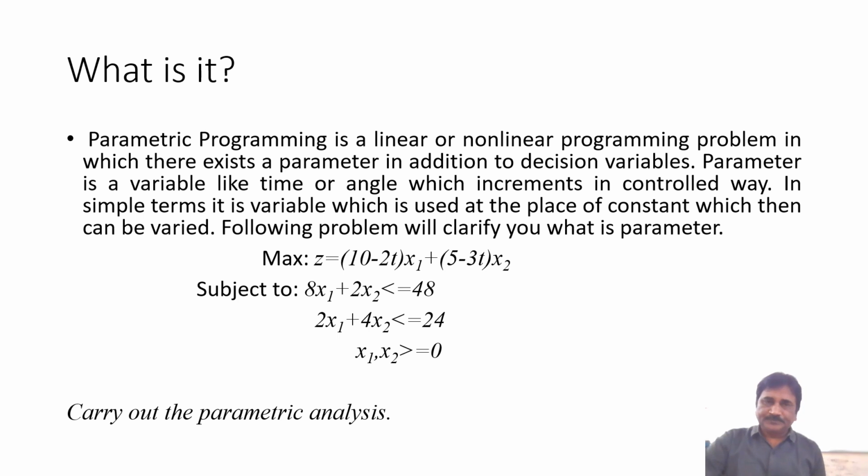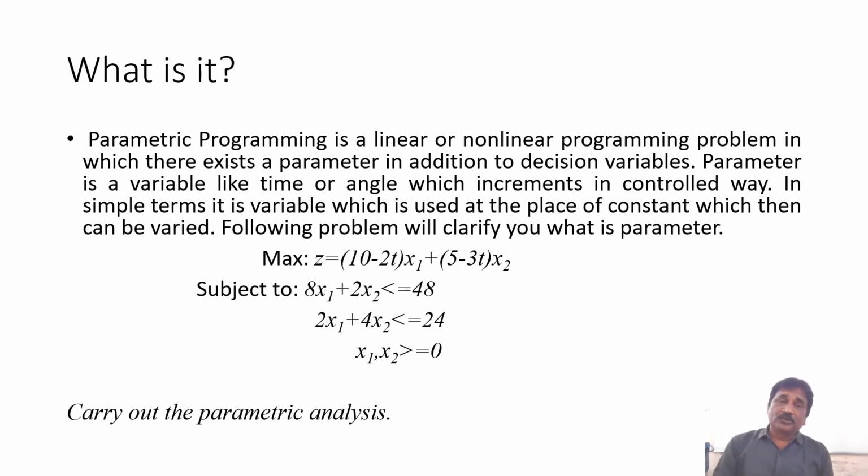So this problem: maximize z equal to (10 minus 2t) x1 plus (5 minus 3t) x2 subject to 8x1 plus 2x2 less than or equal to 48, 2x1 plus 4x2 less than or equal to 24, and lastly x1, x2 greater than or equal to 0. The constraint part you have seen as normal earlier in LPP, right?